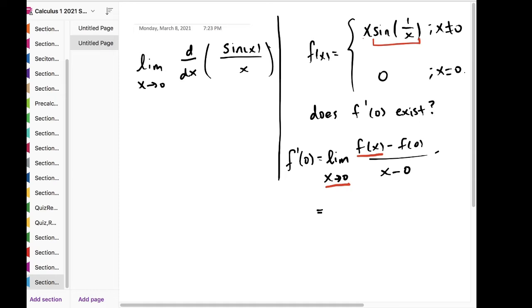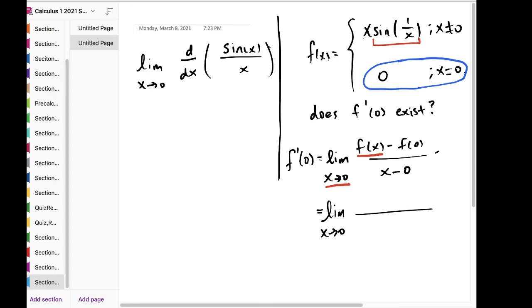So as I approach 0, what does f of x look like? Remember, I don't care what's actually happening at 0. What the piecewise tells you is that this is what's happening at 0, but who cares, right?